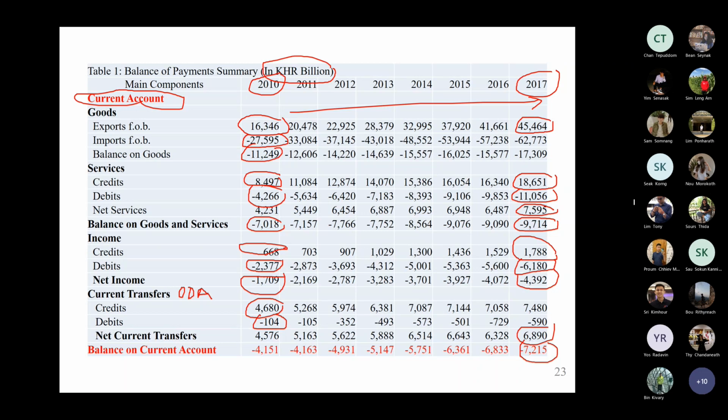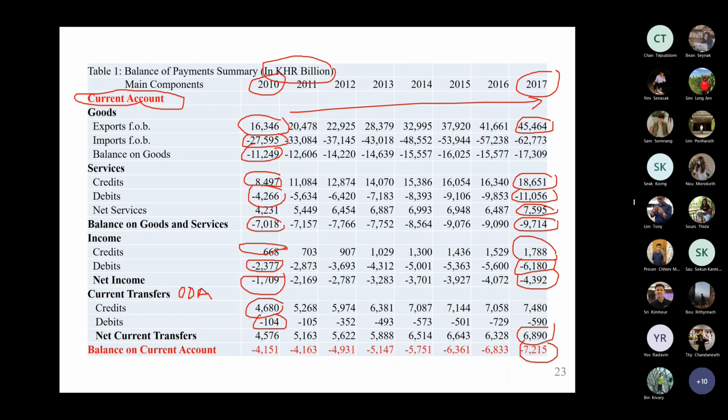Mostly when the information is settled through the banking system, the NBC can collect information from all the commercial banks, because all commercial banks in the country have to provide reports to the NBC. It's required by law, so they have to report, and the NBC will compile that.